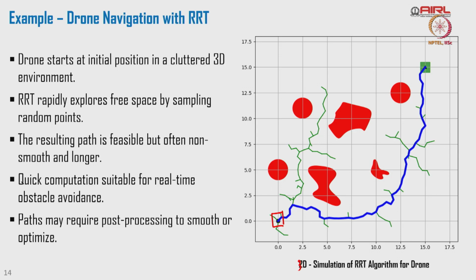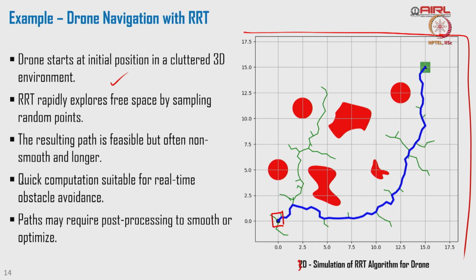Okay. So, the drone starts at the initial point in a cluttered environment, then the RRT algorithm rapidly explores the free space. So, this space is entirely the free space. Now, the RRT rapidly explores free space by sampling random points, that is what we have seen. Then the resulting path is feasible, but often non-smooth and might be longer.